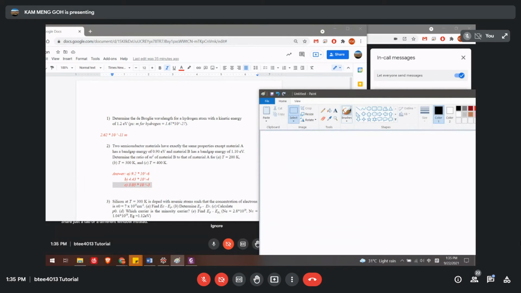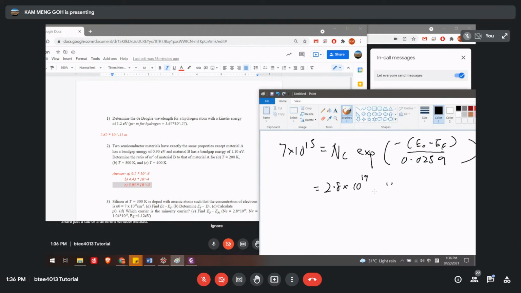At first you calculate n0. n0 is given as 7 times 10 to the power 15. He wants you to find Ec minus Ef. We know that n0 equals Nc exponential of minus Ec minus Ef over kT. In this case, this is 300K, so we can put 0.0259. Nc is given as 2.8 times 10 to the power 19.